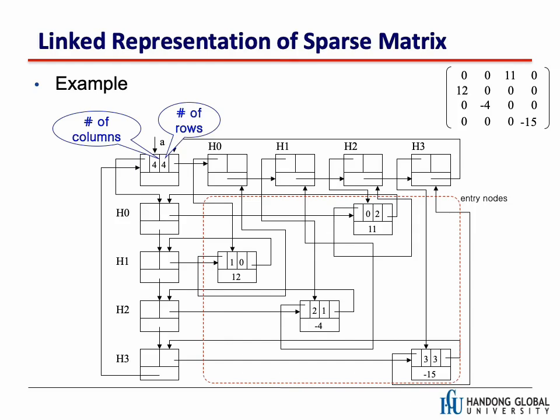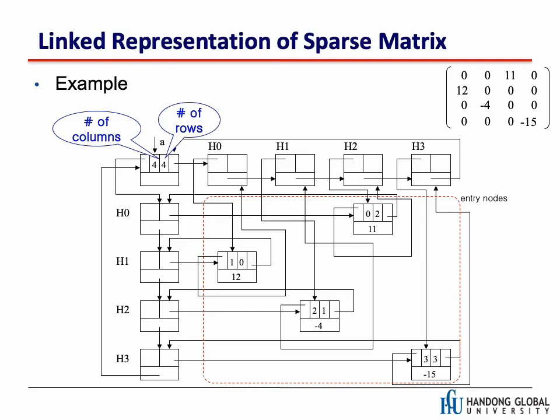In this node, we have the number of columns and the number of rows: 4 and 4. This node has 2 pointers, so basically we can reuse the entry node for this head of the header nodes. Again, this node in the left top corner is kind of the head of the header nodes.